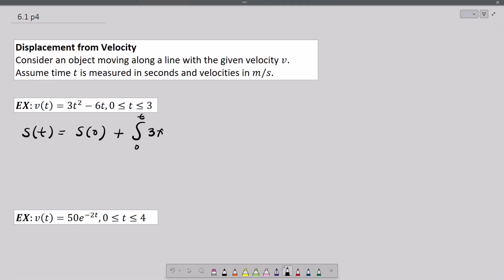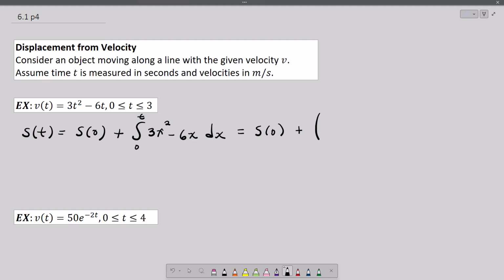The function is given to us with a t, but we can't have a t there and a t in the limit of integration, so we're going to do it separately. The only issue here is that they don't tell us what s of 0 is, so we're only going to be able to leave this a little bit ambiguous, like that problem we saw a moment ago. Now we do our integration.